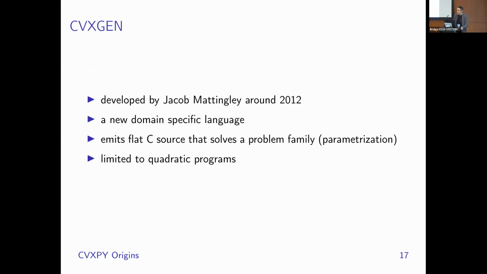And then, in the interest of time, I'll go through this briefly. Related work: CVXGen by Jacob Mattingley in 2012. This is actually used by SpaceX, which is very cool. And it's very focused on parameterized problems and generating customized solvers.